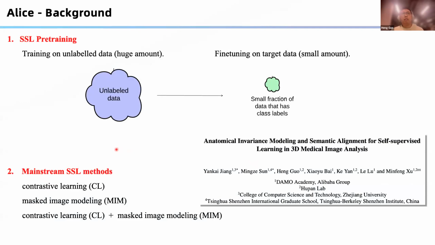Now let's begin the introduction to the first work. We all know that data annotation in the medical image field is very time-consuming and labor-intensive, and usually relies on radiologists' expertise. So naturally, people have started exploring how to utilize self-supervised learning methods for pre-training on a huge amount of data, and then fine-tuning on a small amount of labeled data to improve the model performance.